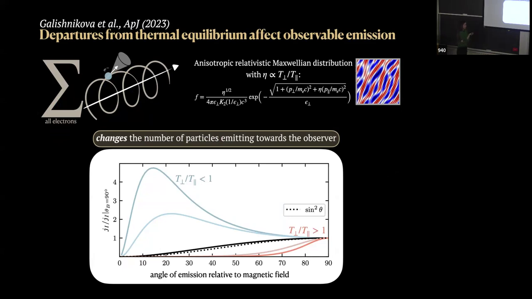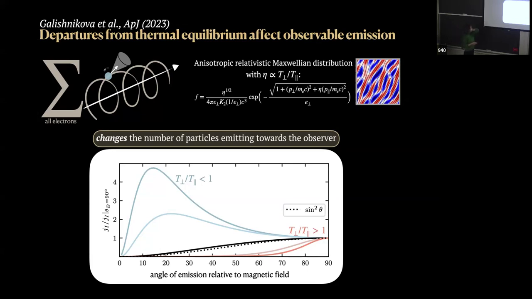So if we want to understand the emission from the systems, we need to understand the synchrotron radiation, and usually we think about synchrotron radiation produced by some kind of thermal particles or power law distribution of particles, but here we have an anisotropic distribution. And in the disk, we have some kind of anisotropies in the thermal distribution of particles.